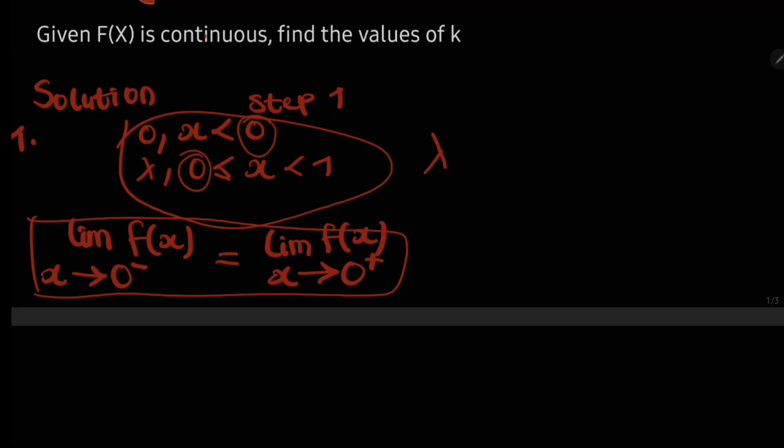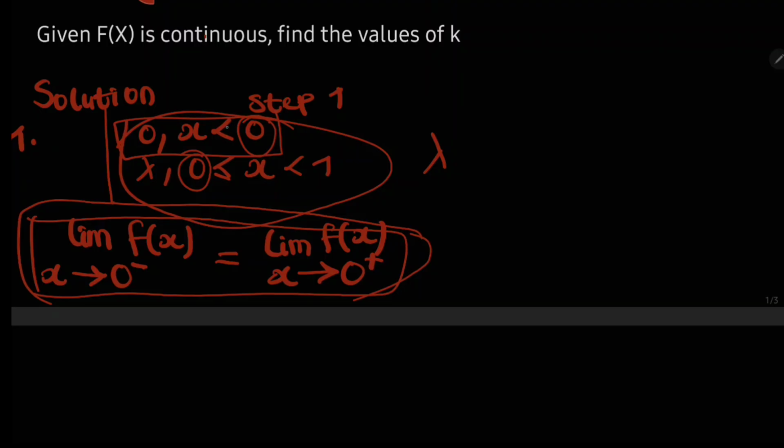So from this formula we have the limit of f of x as x goes below 0 is equal to the limit of f of x as x goes above 0. So from here we can see that in this first definition and its range, x is going below 0 because x is less than 0, and in this second definition we can see that x goes above 0.